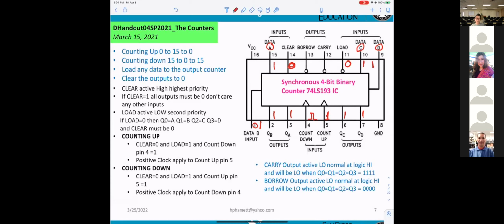If you are counting down, then the clock will be applied to pin 4. However, pin 5 must be 1. That will help you troubleshoot when you apply the clock and the counter is not counting.